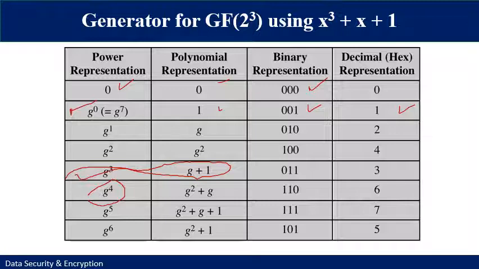Take the power to 1 further: g raised to power 1 is g, 0 1 0, 2; g square; and g cube that we specified is equal to g plus 1, which is 0 1 1, 3. g4 is equal to g square plus g. Similarly, g5 is equal to g square plus g plus 1. Again, g6 is equal to g cubed times g, so g square plus 1.